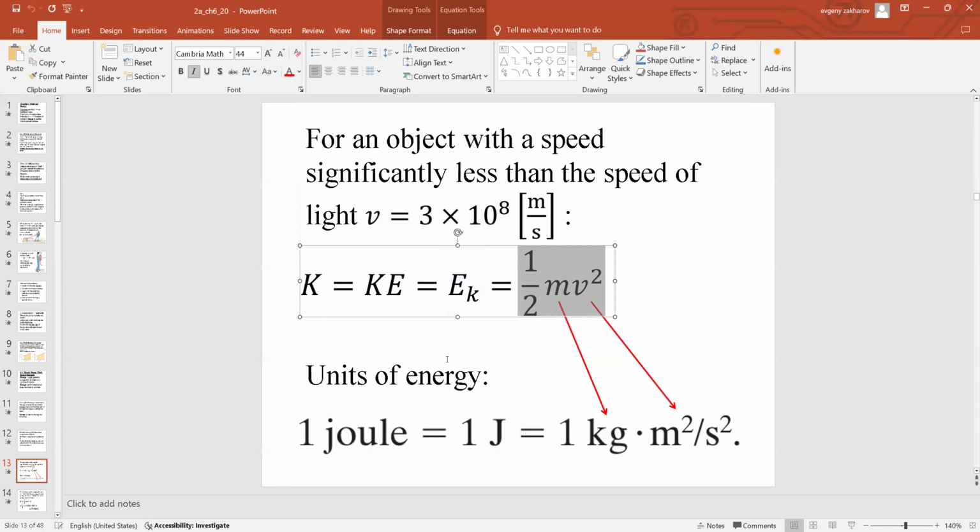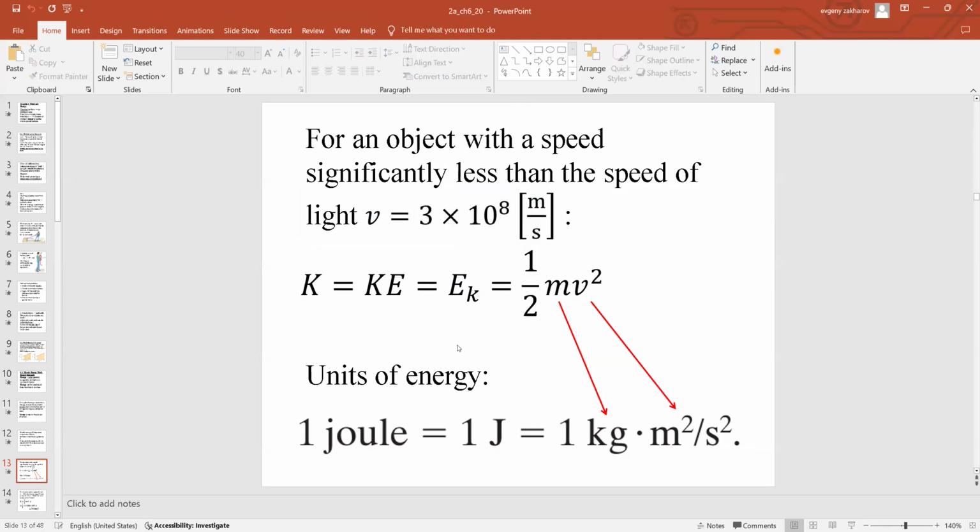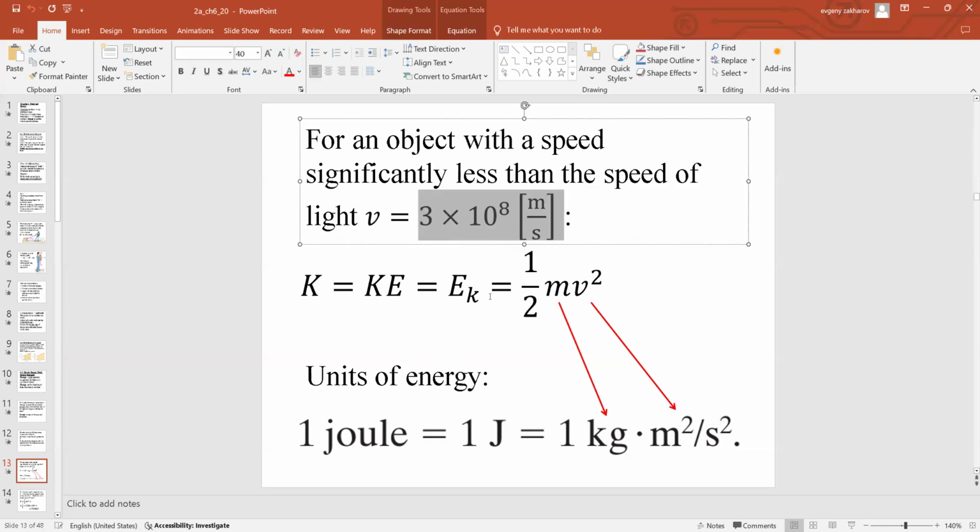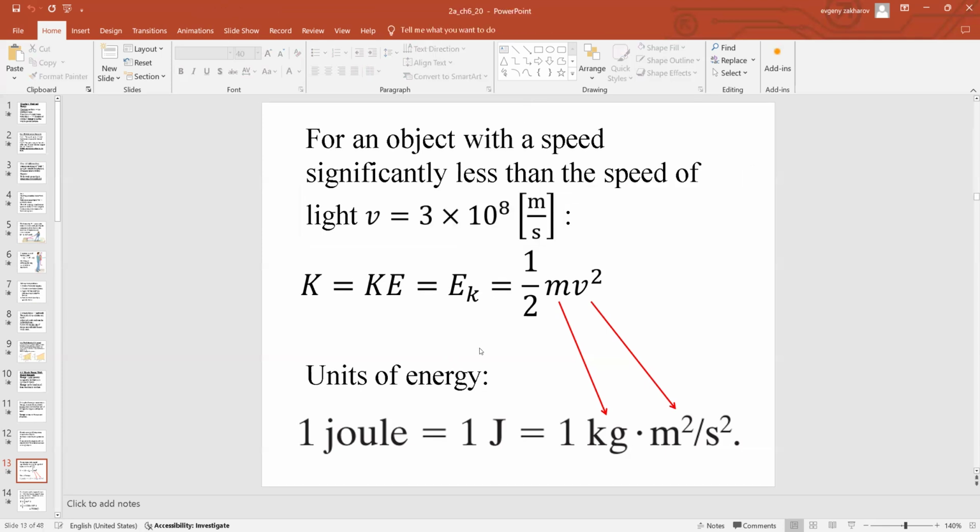So it's only 1/2 mv squared until you start getting closer to the speed of light, and at that level, you will have an extra coefficient in this formula. We will not solve anything with the speed of light in this course, so you don't have to worry about relativity, but later on, you will see a change to this formula once the theory of relativity applies.